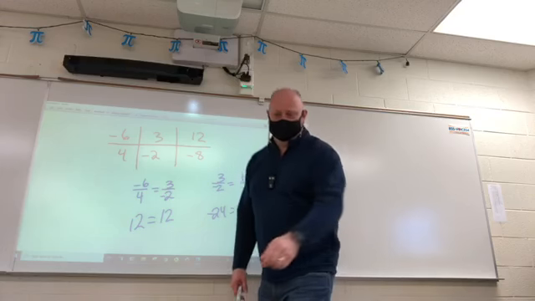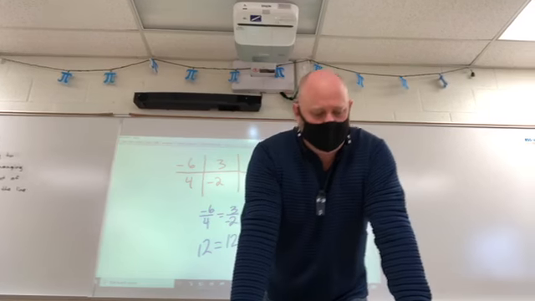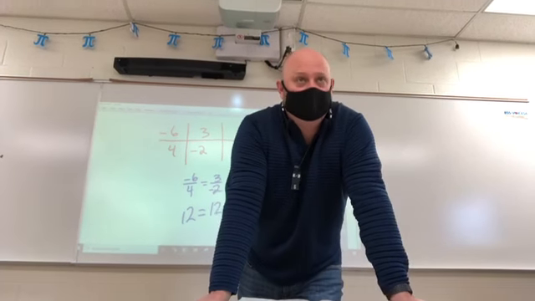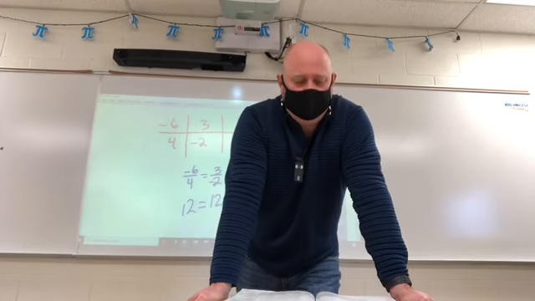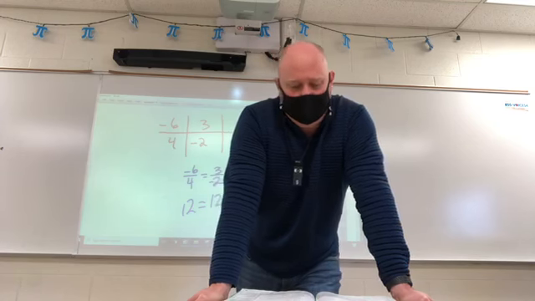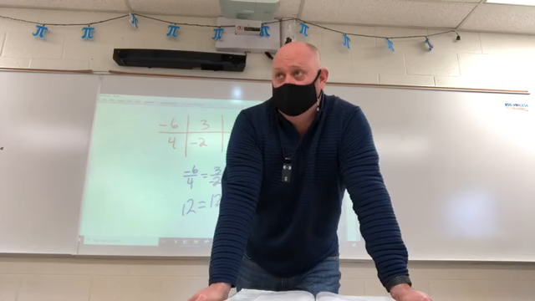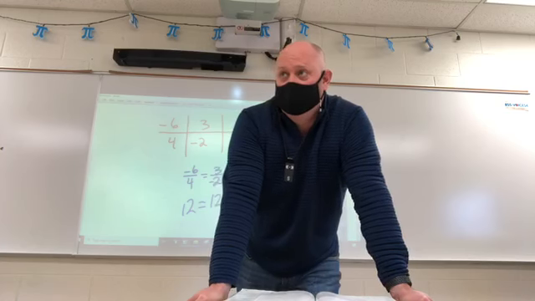And then also remember the questions like, turn the page, question 15, where I say if y varies directly with x, and y is 8 when x is negative 32, find y when x is 64. How do you do those? Just set up a proportion, right?